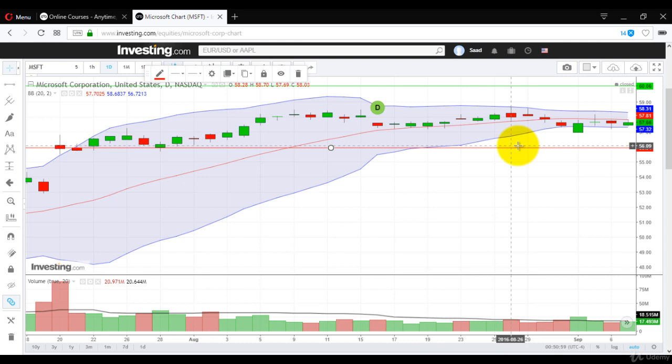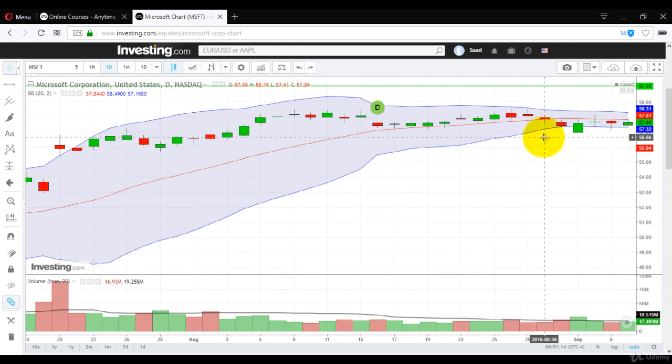So if let's presume previously you were paid $1.36 for writing this put option, the next time you would be paying $1. So that will give you a boost of 36 cents more.